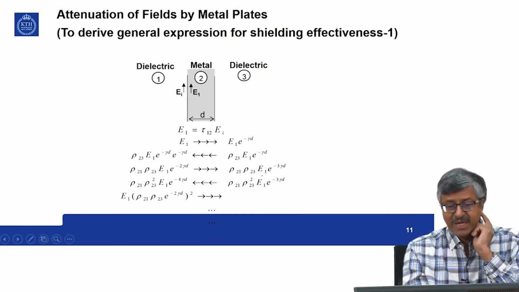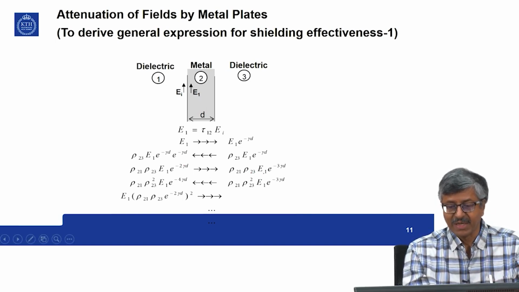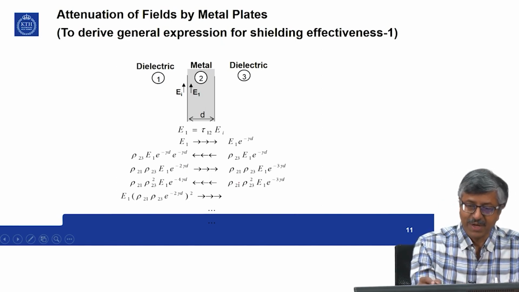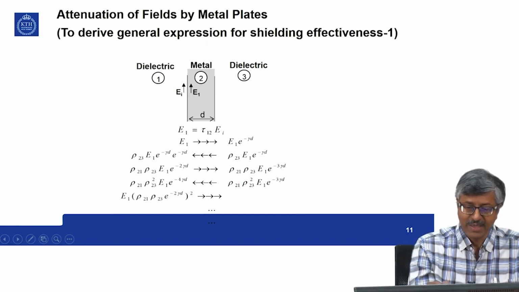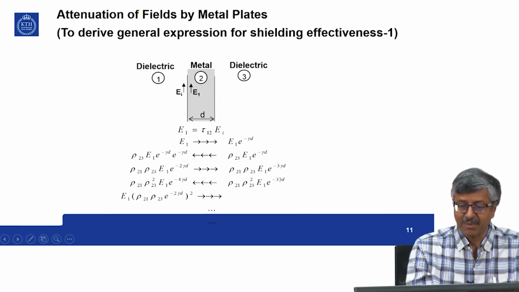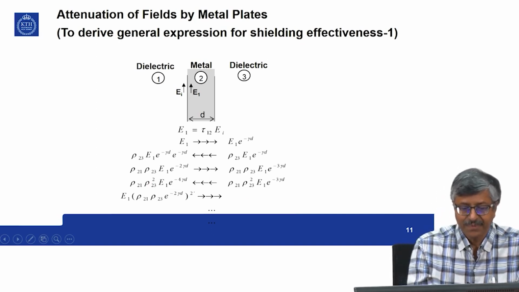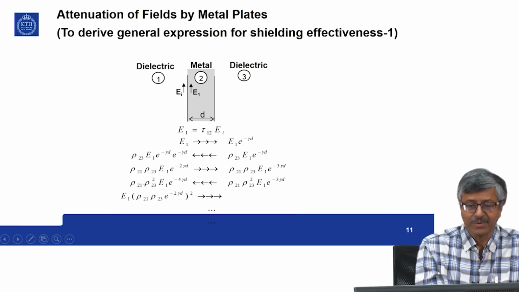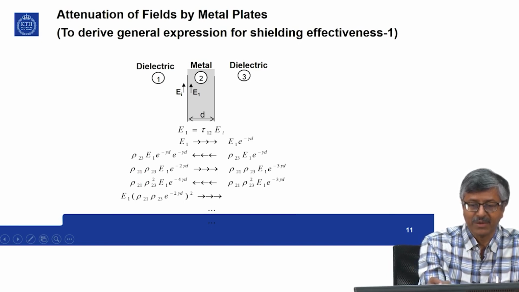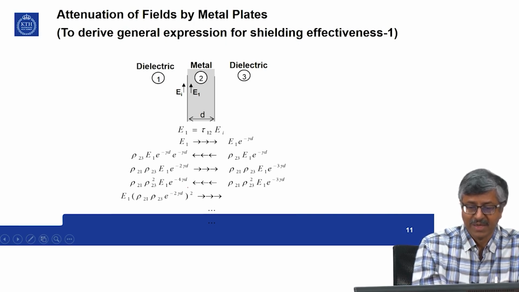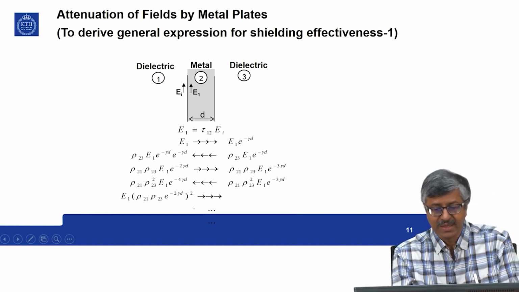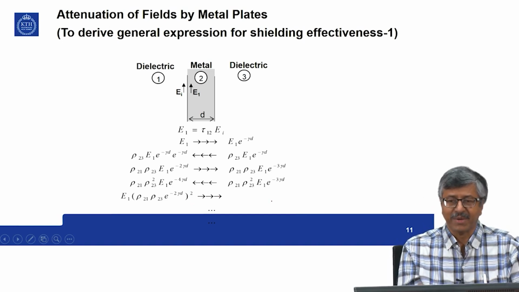When it comes over here, again it is multiplied by e to the power minus gamma d. Now, this is going back again, multiplied by rho 23, so you get a square. By the time it reaches here, you add e to the power minus gamma d, and by the time it is getting reflected, you multiply again by rho 21, rho 21 squared. So, the whole thing can be given in brackets and squared. Likewise you can follow it up like that.